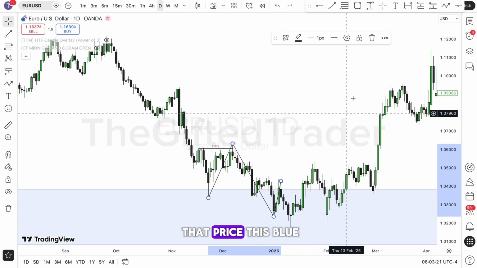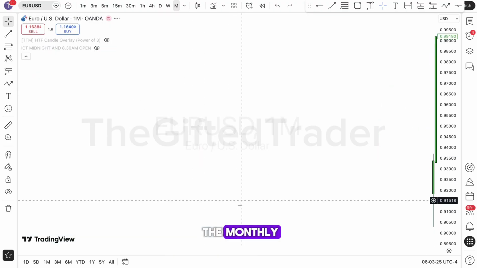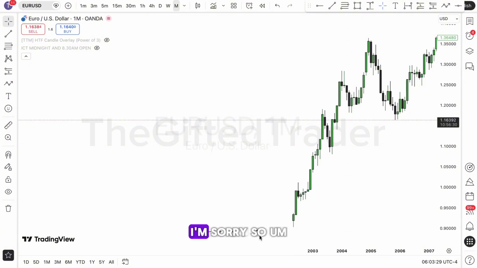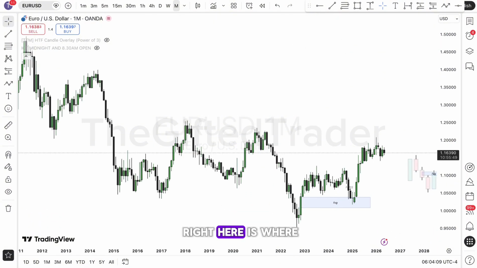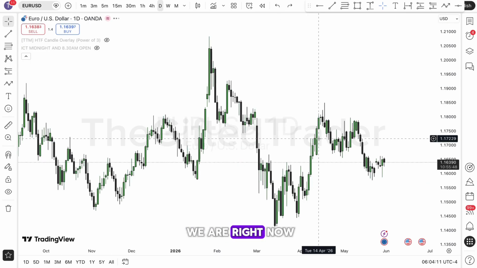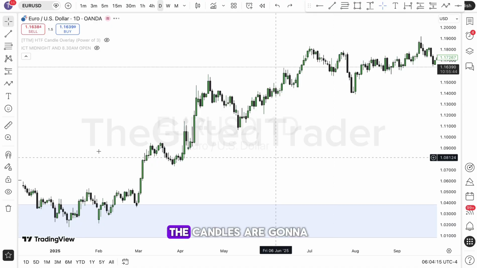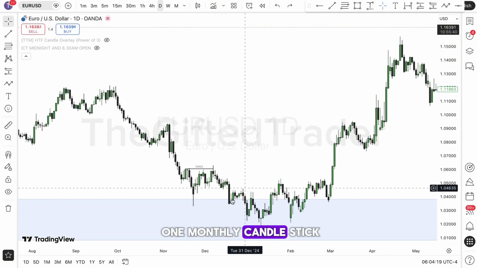Now you can see that this blue stuff right here is the monthly fair value gap. I'm sorry. So this fair value gap right here is where we are right now. You know why in the lower time frame the candles are going to be many. That whole candlestick in the monthly was one monthly candlestick.